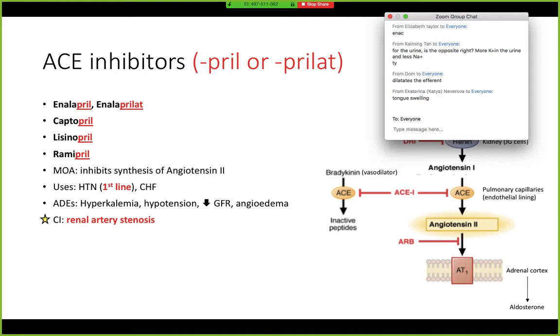Right, tongue swelling or face swelling, yeah. And then also, if your bradykinin isn't being degraded, you can also see dry cough. Okay, and then ACE inhibitors are contraindicated in patients with renal artery stenosis, and we'll go over that.